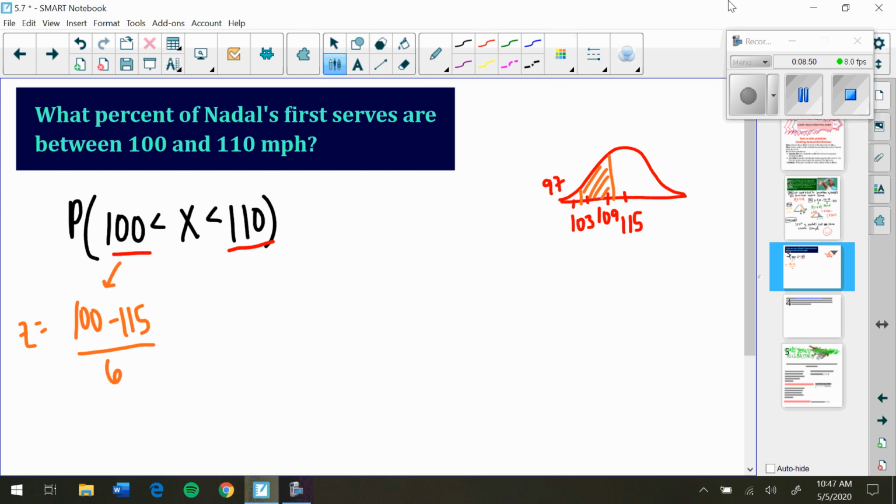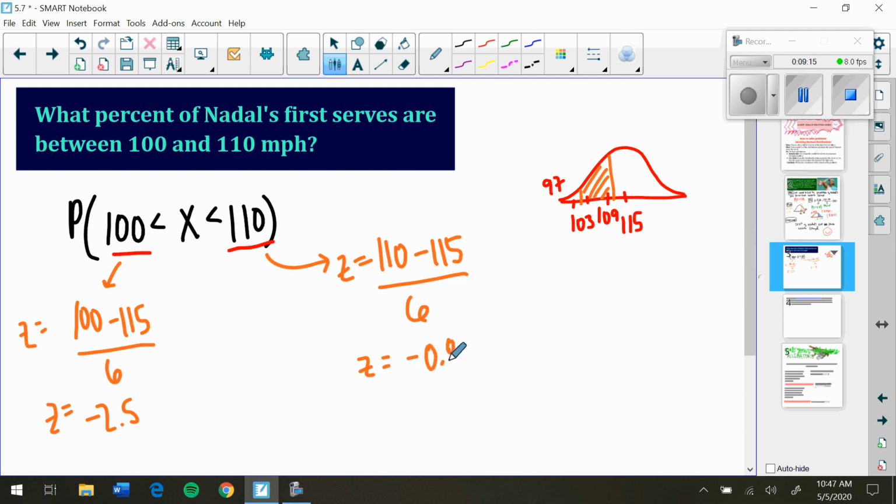And this z-score would be 110 minus 115 over 6. On the far left side, we're getting a z-score of negative 2.5. On the not far left, but still to the left of the mean, we're getting negative 0.83.